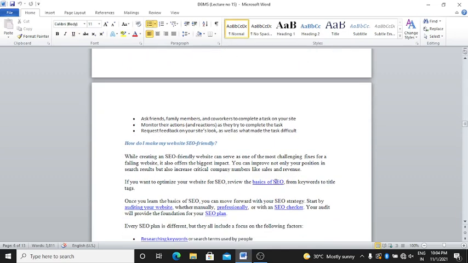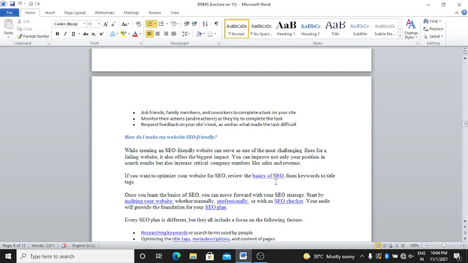Then how do I make my website SEO friendly? While creating an SEO friendly website can serve as one of the most challenging fixes for a failing website, it also offers the biggest impact.